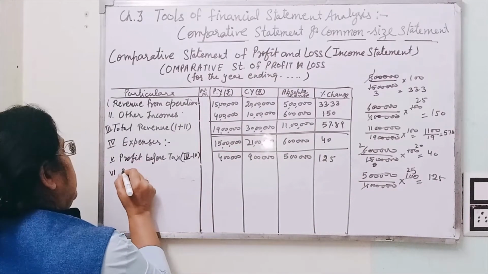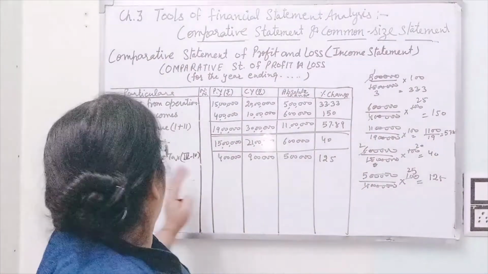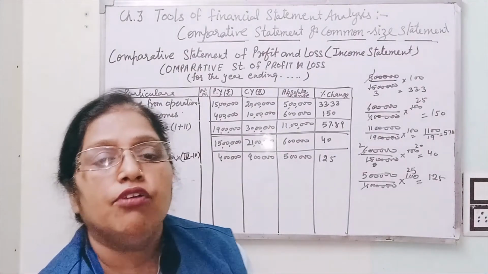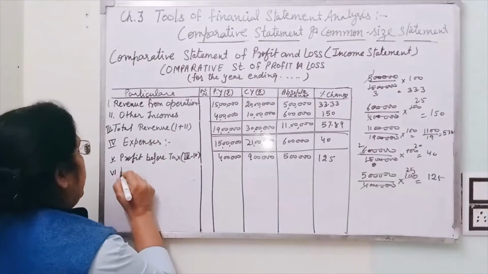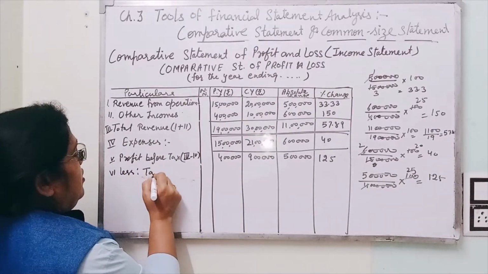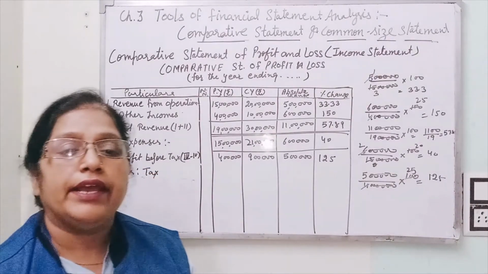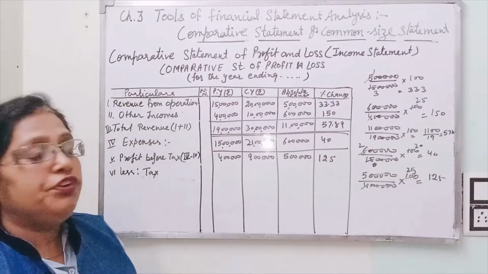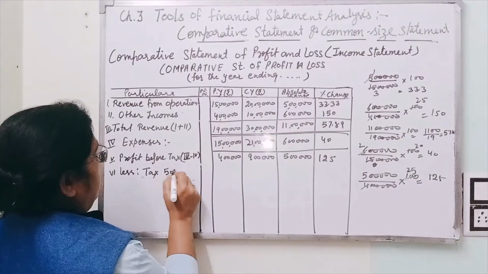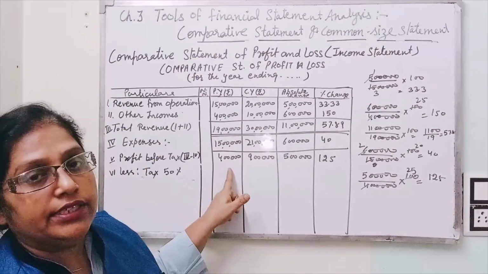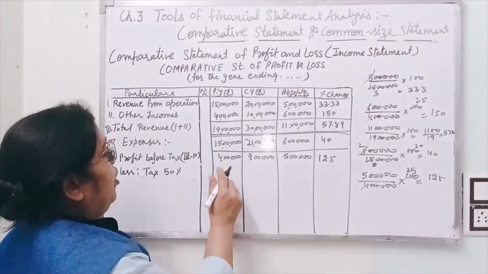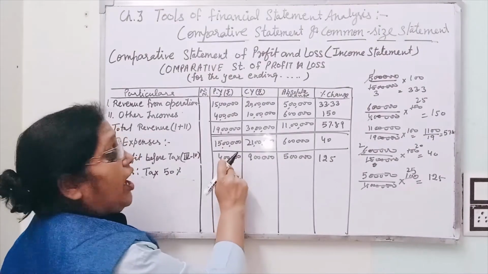Sixth point is tax. Profit before tax. Out of this we have to deduct tax. It means less tax, and percentage of tax is given to you, that is 50%. 50% of what? Profit before tax. 50% of profit before tax means half of this.